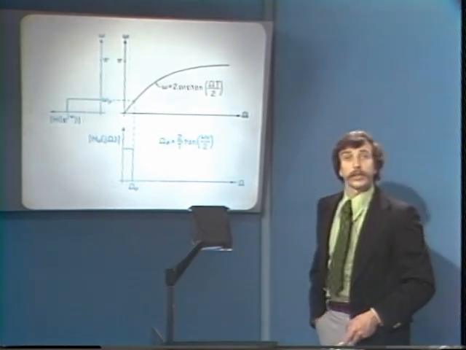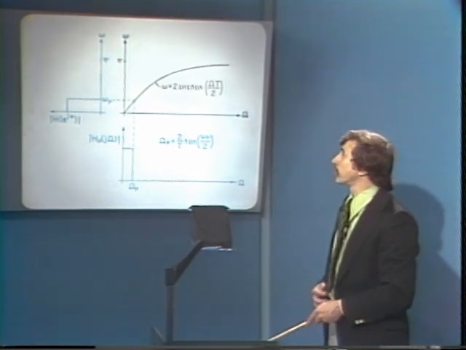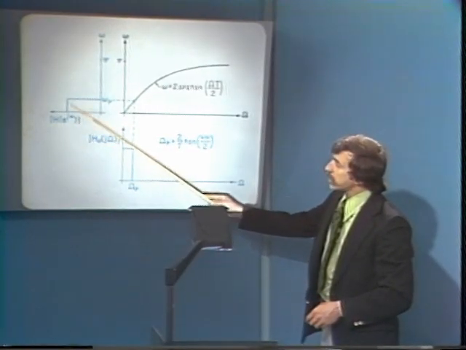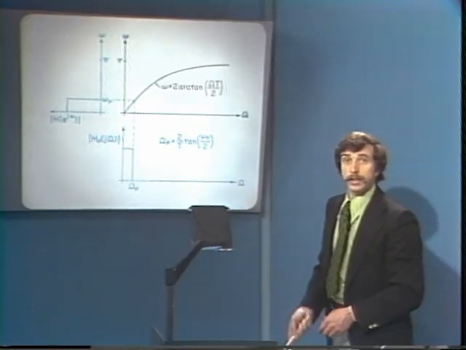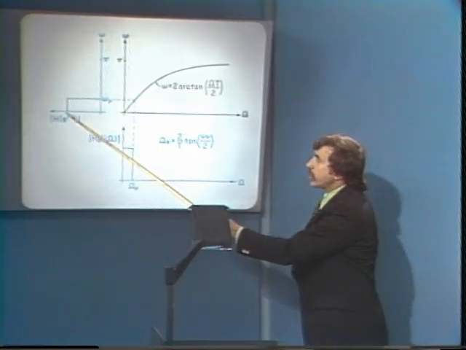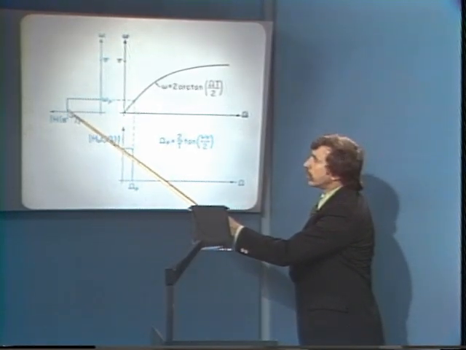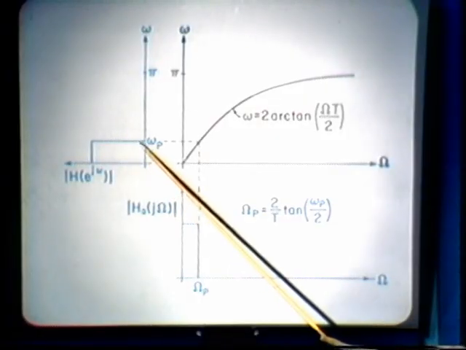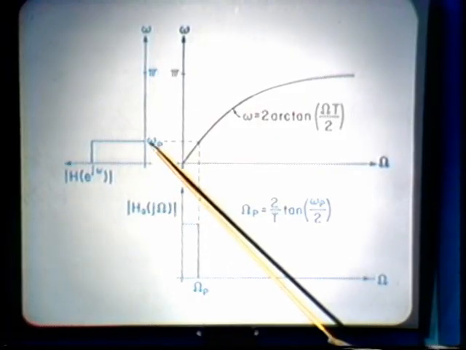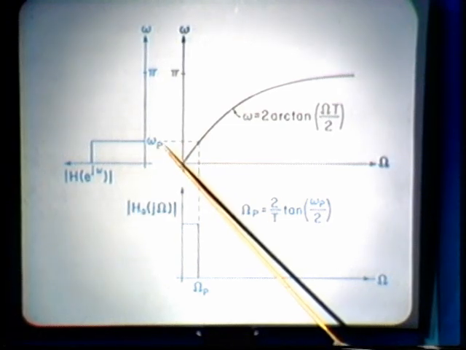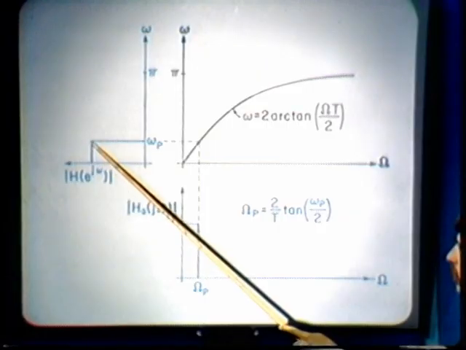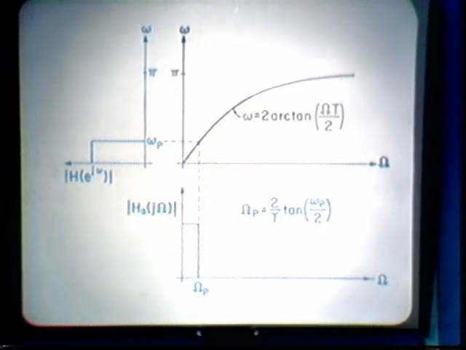Now, we know that there aren't ideal filters, and so in fact, we're in general faced with the problem of approximating a characteristic like that. But if the specifications for the filter are still piecewise constant, then in fact, we can still concentrate just simply on a pre-warping of the critical frequencies, and the piecewise constant portions of the frequency response will then fall in the correct places.